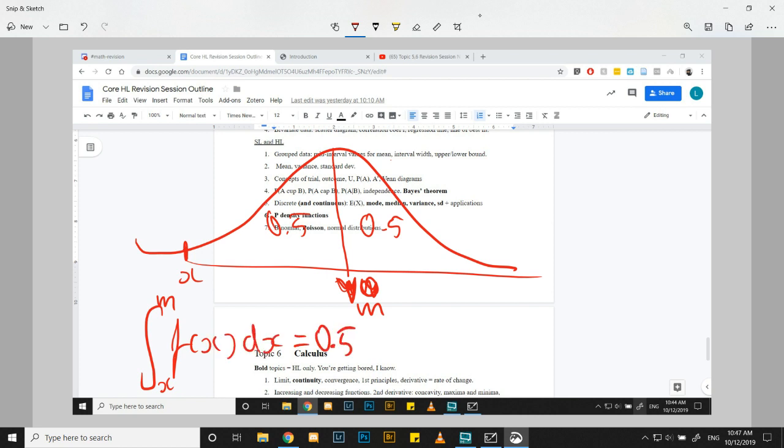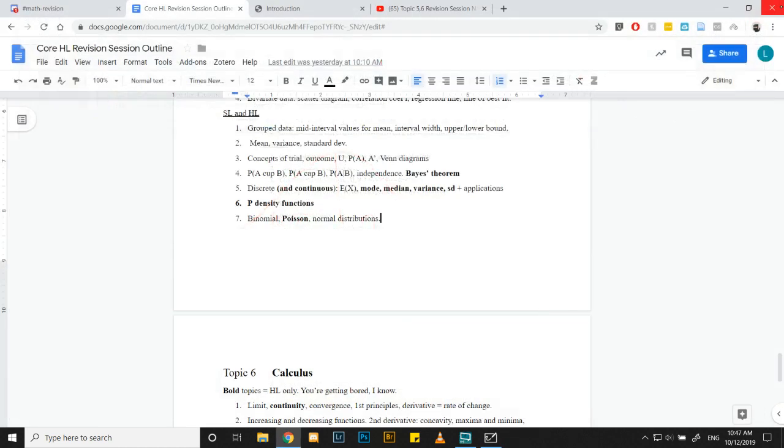So you know what f of x is, you know what your starting bound x is, so you're solving for m. So you would manually integrate this. You would plug in the bounds into it, set that equal to 0.5, and solve for m as where's the median. So where the area is equal to 0.5. And yep, that's how you would do that.